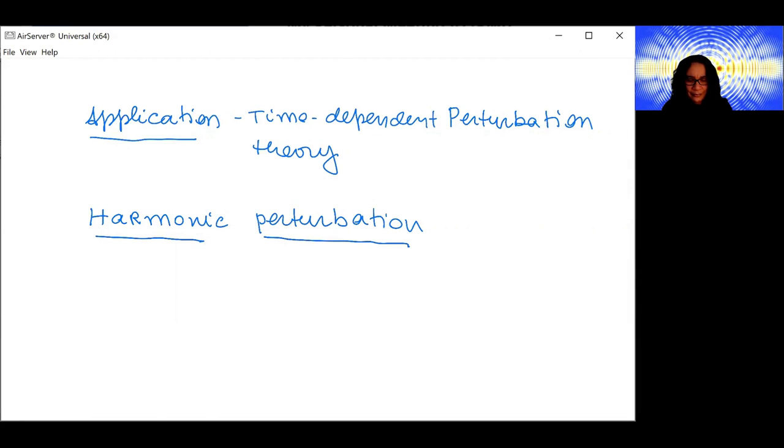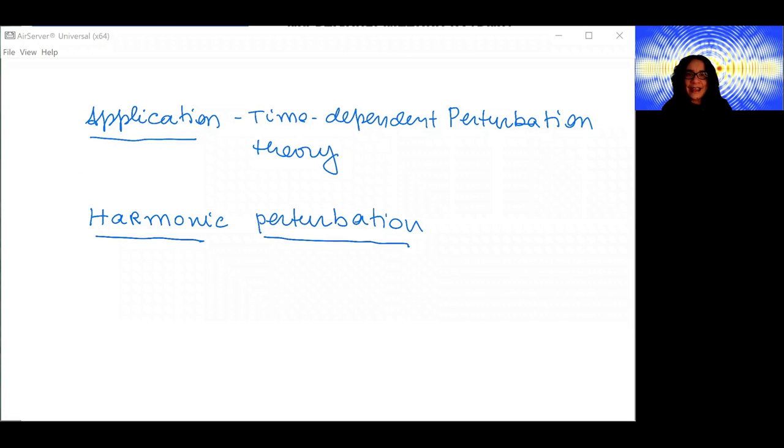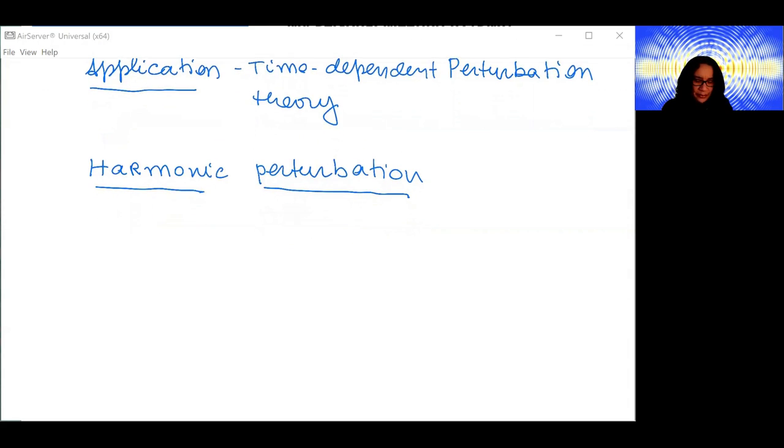Okay, so far we have discussed constant perturbations, and what we're going to see now is a harmonic perturbation. The key idea is that this perturbation is time varying, and some of the easiest treatments that you can give, especially in the context of light matter interaction, is a perturbation varying in time.